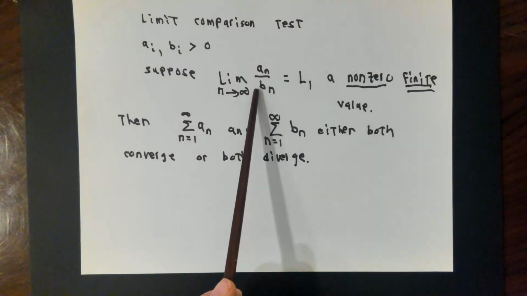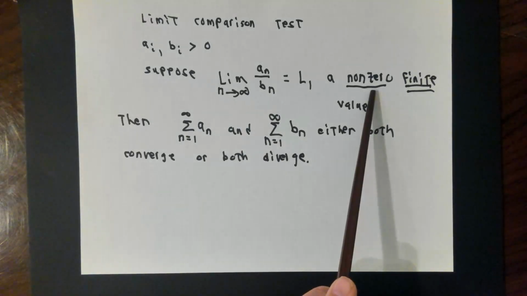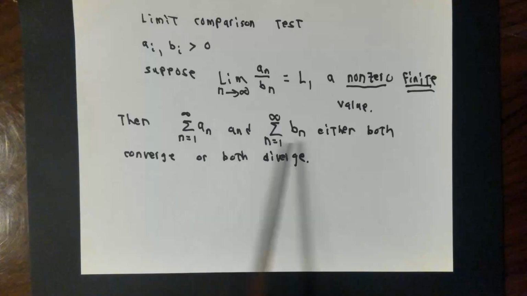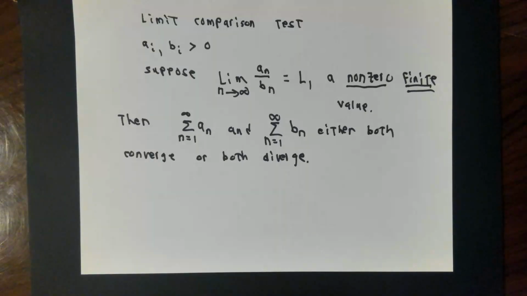If that limit exists and is a non-zero finite value, then this infinite series and that infinite series either both converge or both diverge. This will be a lot easier to use than the direct comparison test because there's no need that the A numbers have to be smaller than the corresponding B numbers.